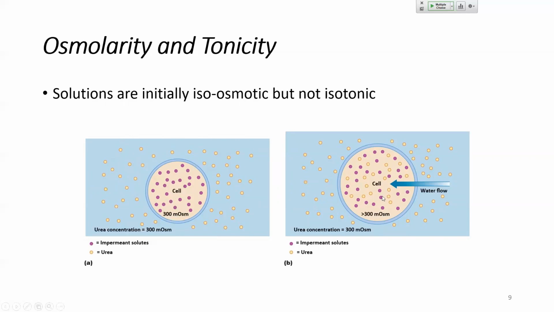And so if we're just considering the impermeant solutes, we have a high concentration inside and zero concentration outside. So we then have a water gradient, which makes this a hypo or hypertonic solution. Will this be hypo or hypertonic? We know it's isoosmotic, but in terms of the tonicity, is it hyper or hypotonic?